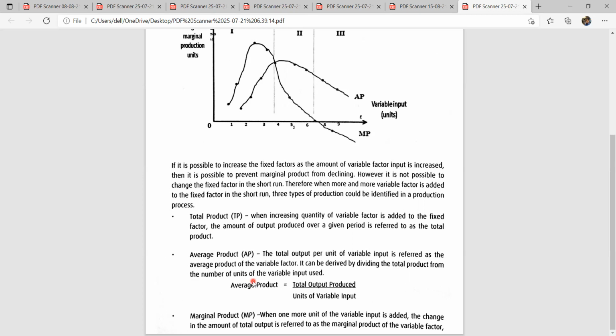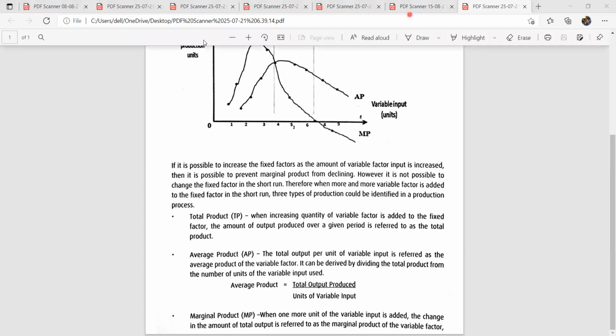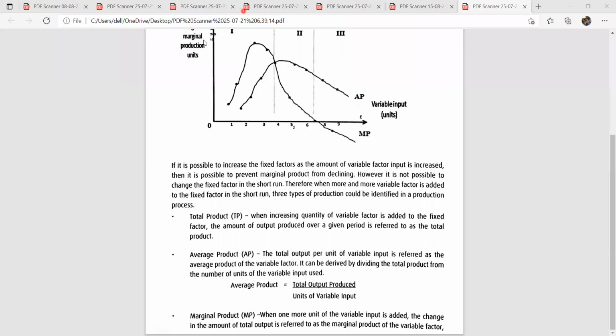So it says here, the total output per unit of variable input is referred to as the average product of the variable factor. It can be derived.